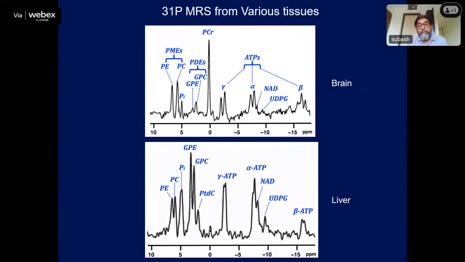As we discussed last time, there's no phosphocreatine in liver, so you don't see much peak. This may be a contamination only from the skin part, so you see a very small phosphocreatine peak. But if you look at the brain, it has a very huge PCr peak. The liver doesn't have a PCr peak, so you immediately know this spectrum has come from liver. You can look at the different components, beta ATP, alpha ATP, NAD, UDPG, and all other peaks are very well visualized.